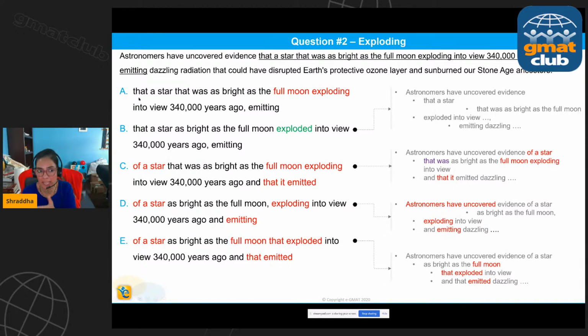Astronomers have uncovered evidence that a star was as bright as the full moon. So that in choices A and B is a connector that is connecting the preceding independent clause with the following. I mean, in choice B, it is connecting it with the rest of the sentence, which is a dependent clause. So this distinction also you must be able to make, that what is the function of that in this sentence, right? Does that answer your question?